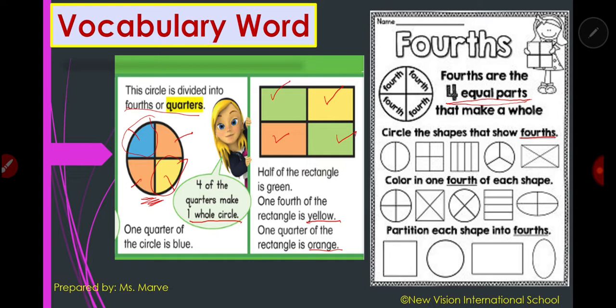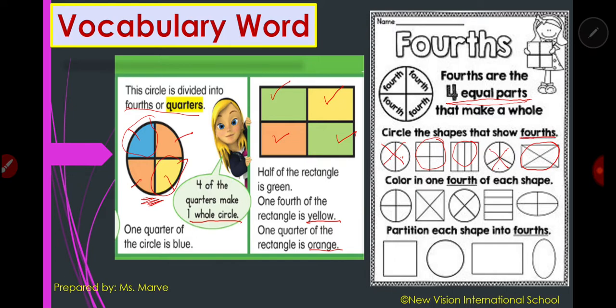If it's not, cross out. Okay, the first one, of course, this is wrong. This is check. This is check. This is wrong. And this is check. Why is this one wrong? Because there are only 3 parts. Why is this shape wrong? Because there are only 2.